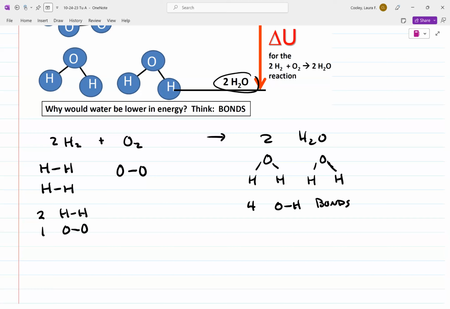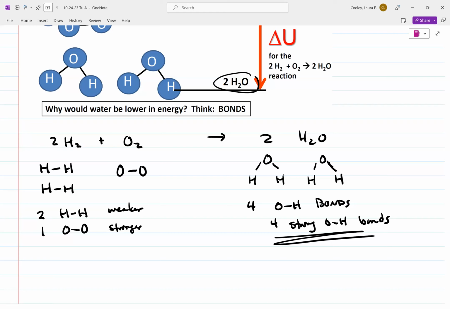Hydrogen bonds with other hydrogens are kind of weaker bonds. An OO bond is stronger. But here you have 4 strong OH bonds. And that ends up releasing energy because you have an extra bond, and the OO bond, while it's a little stronger than an OH, the OHs are much stronger than the HH. You don't have to write that stuff down. I'm just telling you that. That's really a topic for Chem 104.